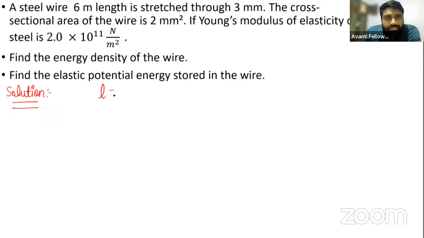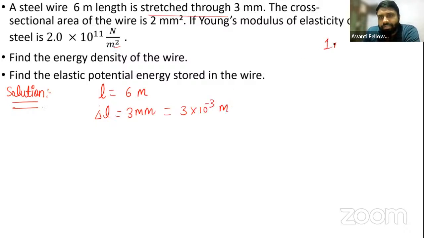So the length of the wire is given as 6 meter. Elongation, which is stressed through 3 mm. So this is the elongation, Delta L, given to you as 3 mm. All the units should be in meter, so we will convert it into meter also. 3 into 10 raised to the power minus 3 meter, because 1 meter equals 1000 mm or 10 raised to the power 3 mm.